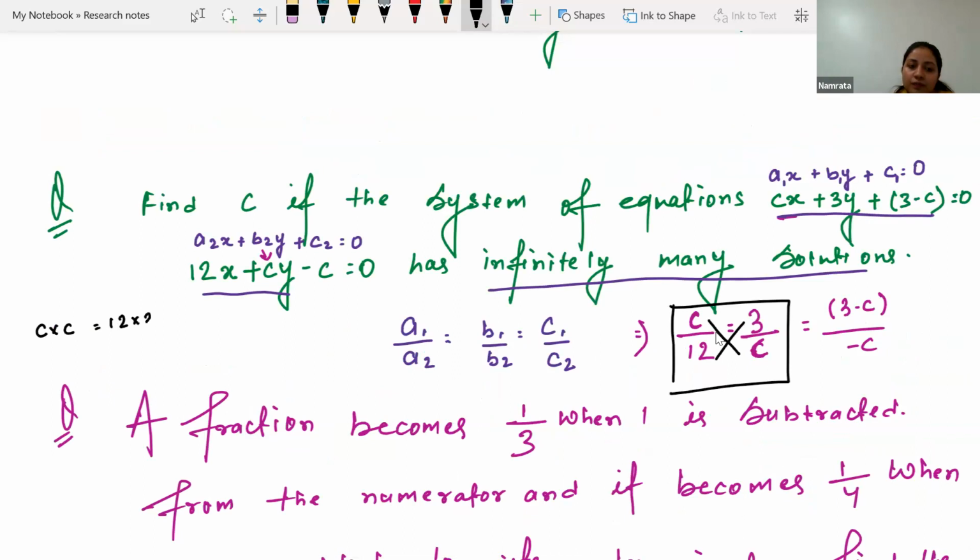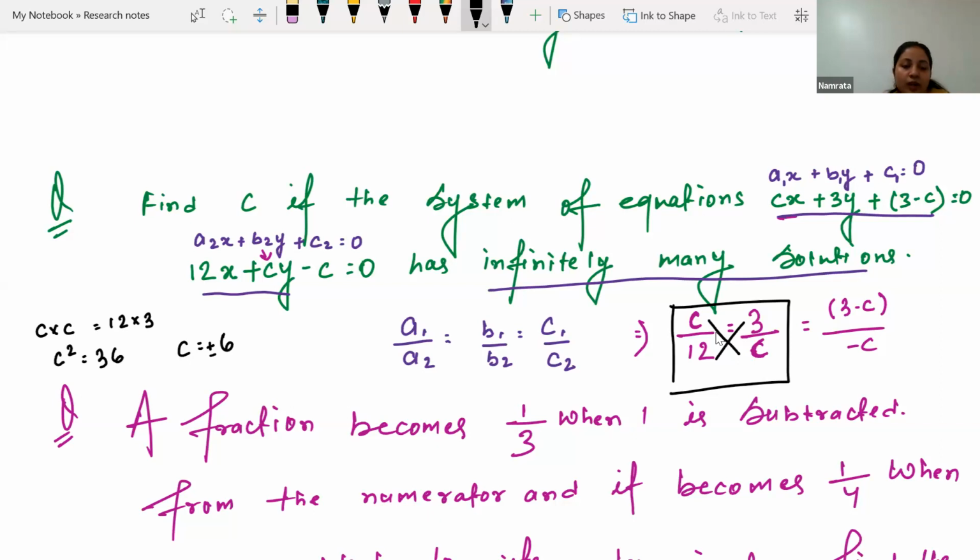So we are getting c square is equal to 36, right? So c will be root 36, that is 6. That will be plus minus root 36, and the answer will become plus minus 6.